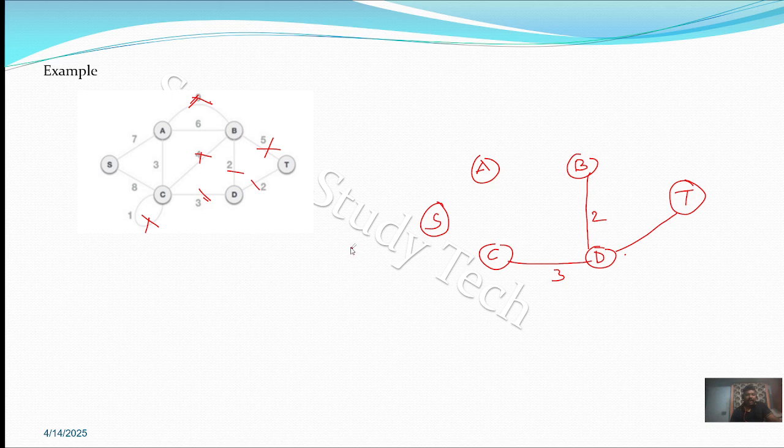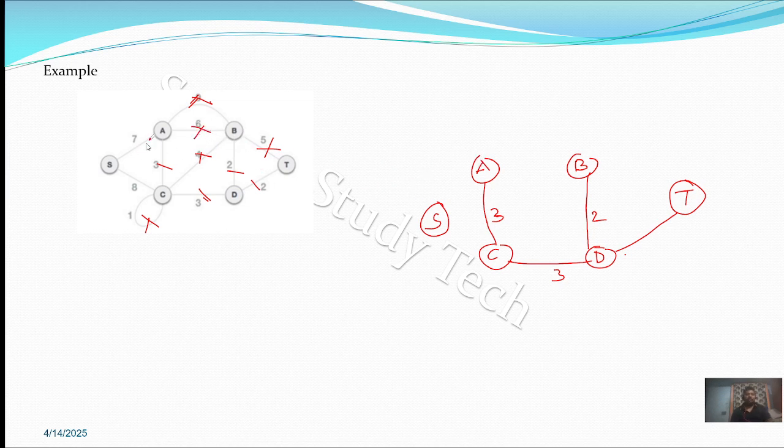Now we can take the next least cost. Here, A to C. C is an already visited vertex, that's why we can take this edge. The cost is 3. Now the next least costs are 6, 7 and 8. The least cost is A to B. If you take A to B, it forms a cycle, so you cannot consider this edge.